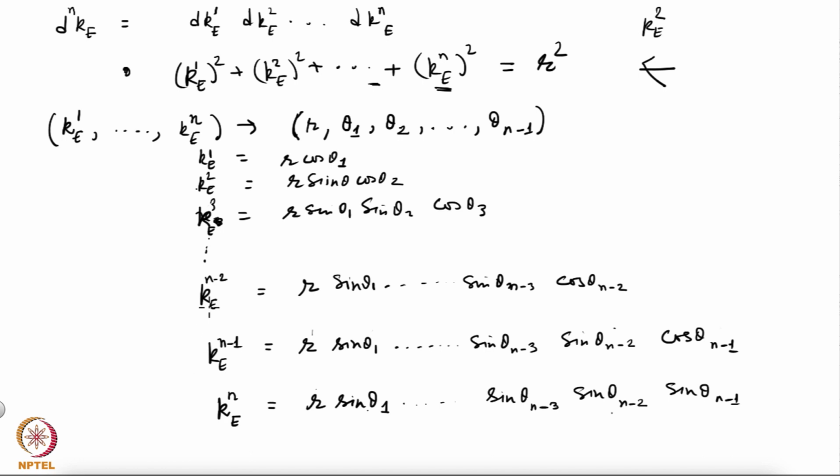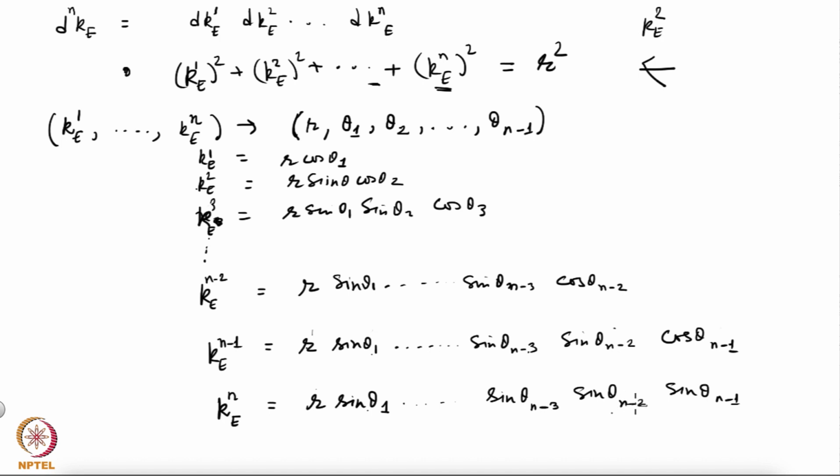Now, you add that with ξ_{n-2} squared. Again the same factors appear, and you can factor them out and you will be left with cos squared θ_{n-2} plus sin squared θ_{n-2}, and adding these two makes 1.